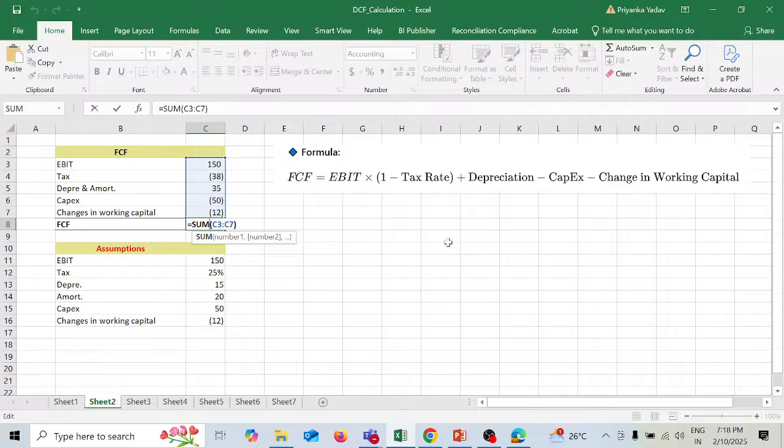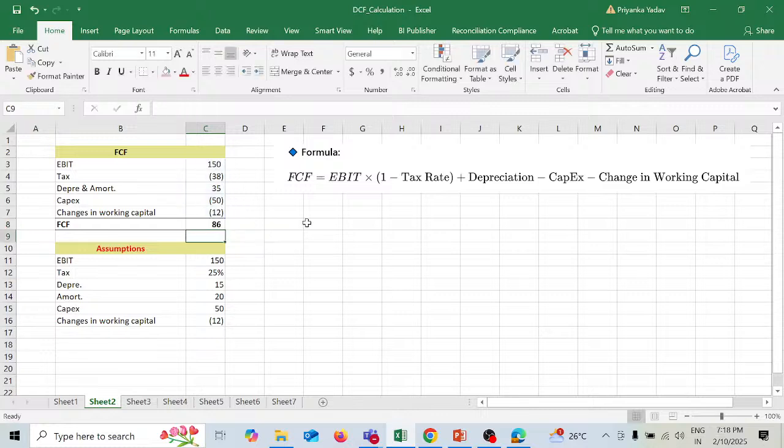So that is why, since an increase in working capital ties up the cash, we subtract it from FCF. So I hope this is clear, the calculation of FCF. Let's move further. So here, after using this formula, we get to the figure of free cash flow, which is 86.